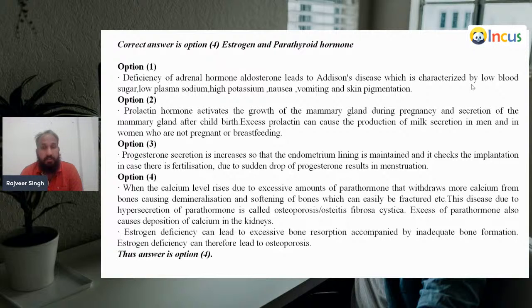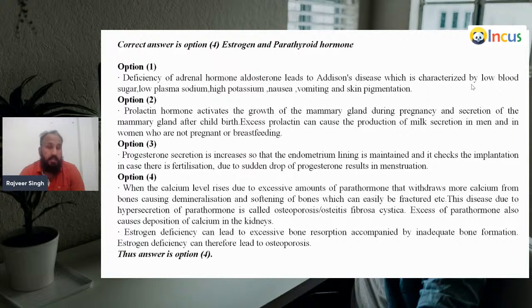Excess prolactin can cause the production of milk secretion in men and in women who are not pregnant and breastfeeding. Third option, progesterone secretion is increased so that the endometrium lining is maintained and it checks the implantation in case of fertilization; a sudden drop of progesterone results in menstruation.